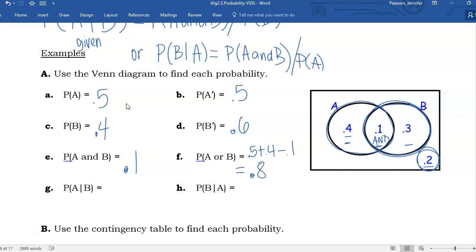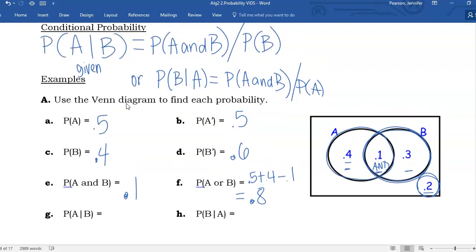We're getting to the new stuff here, our given probabilities, the probability of A given B. The probability of A given B is the probability of A and B divided by the probability of B. Based on what we've already written down, the probability of A and B is 0.1 divided by the probability of B, which was 0.4.